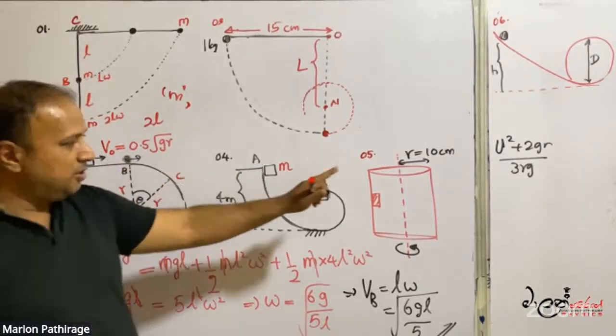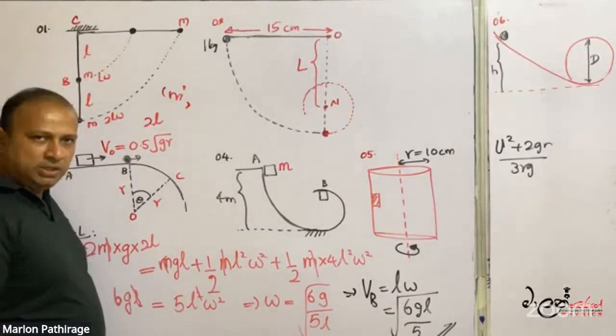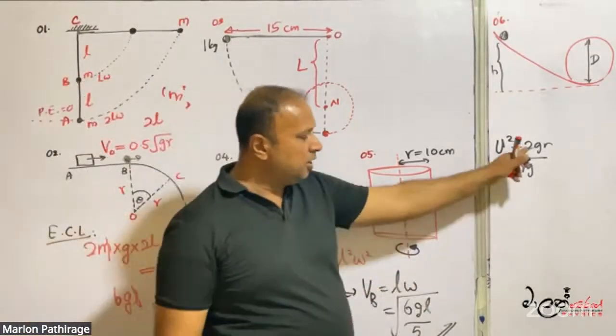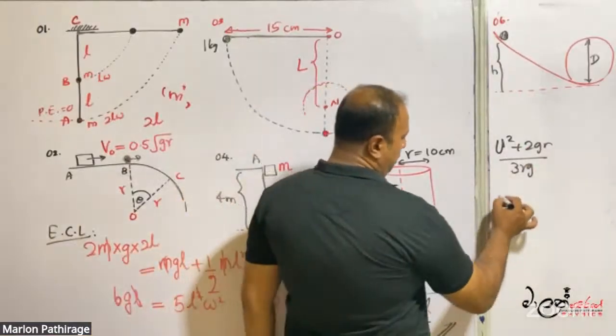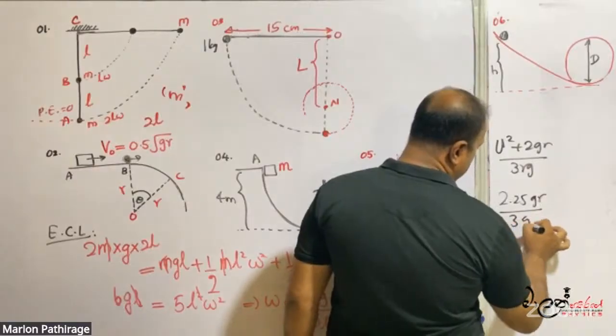u squared means square of this one. That means 0.25 gr. 0.25 gr plus 2 gr means 2.25 gr over 3 gr.